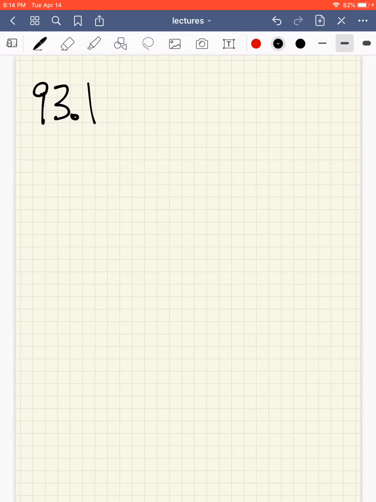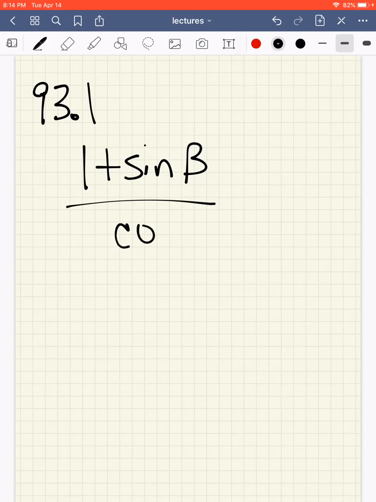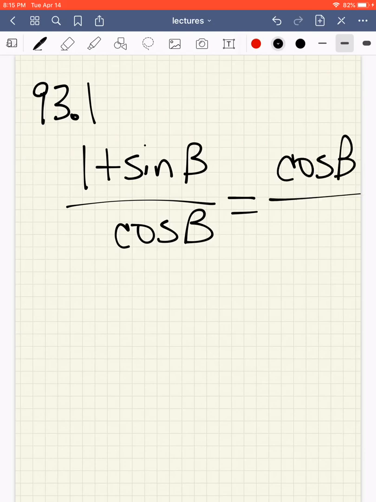This one says, show that 1 plus sine of b divided by cosine of b is equal to cosine of b divided by 1 minus sine of b. All right. So, let's see.